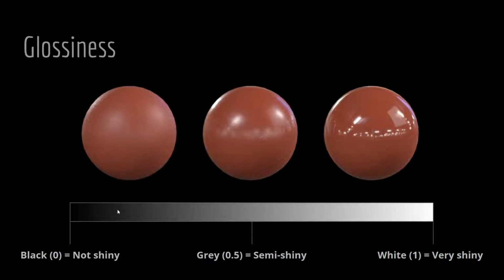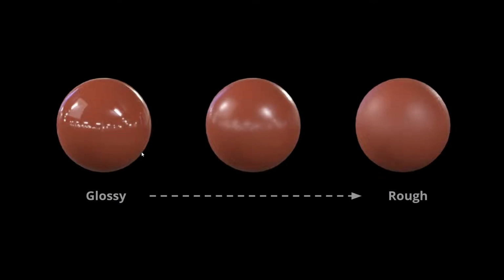So if you have a glossiness shader attribute instead of roughness, then if the value is 0 in the glossiness, that means it's really rough. But the higher that value is in the glossiness, aka the more glossy it is, the shinier our reflections are. So going from, again, that terminology, glossy is shiny reflections, and rough is really blurry reflections.